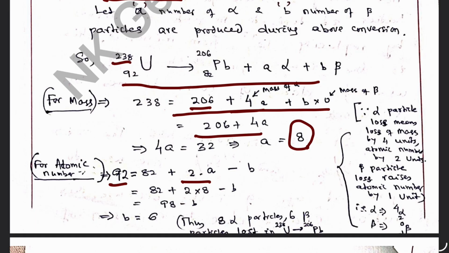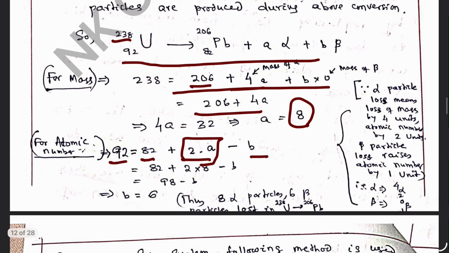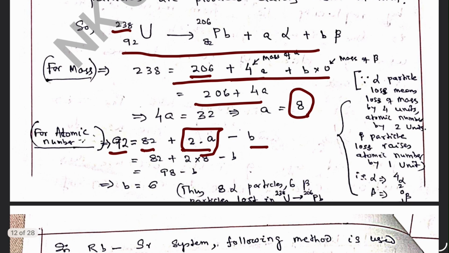So loss of one alpha particle results in reduction of mass by 4 units and atomic number by 2 units. So 92 will be equal to 82 plus 2 times the number of alpha particles minus the number of beta particles. So we find that the number of beta particles produced is 6.